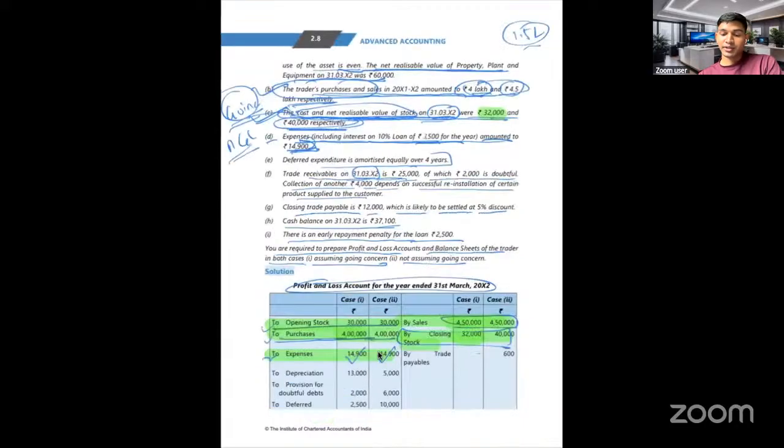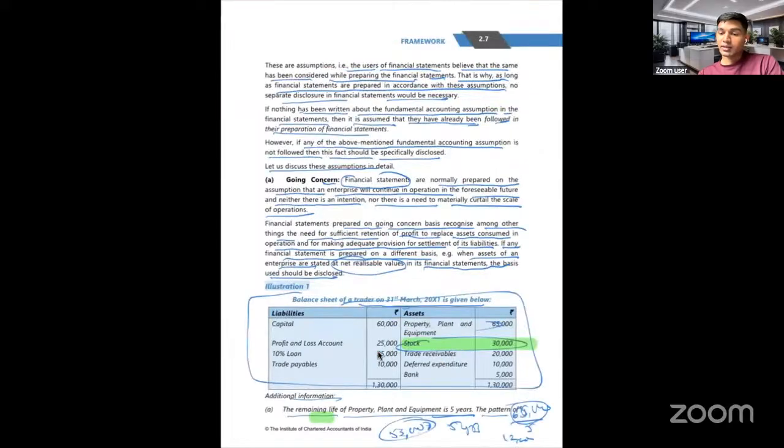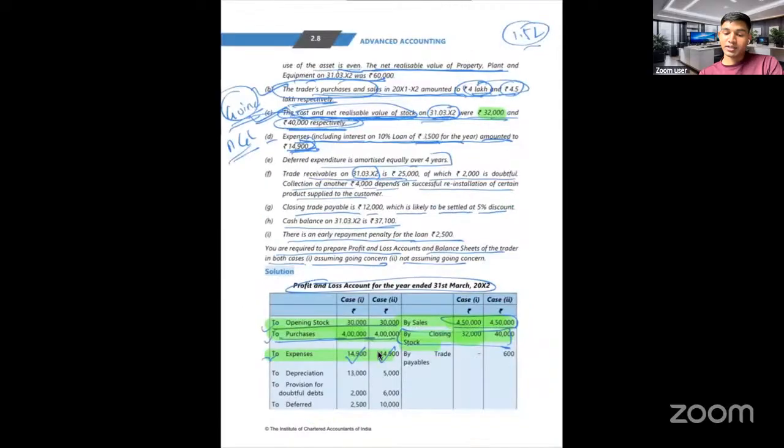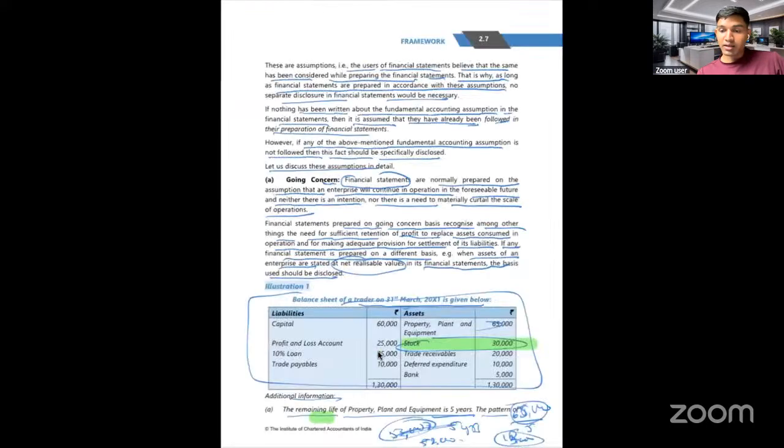Here the depreciation will be 13,000. So depreciation is okay, either with the assumption of going concern or not assuming going concern.